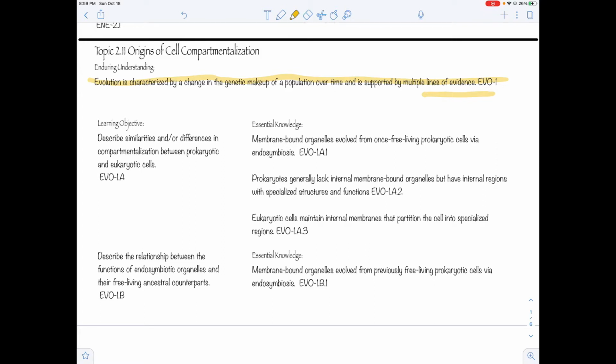So when we looked at the endosymbiotic theory and how our prokaryotic cells ended up being a major component of building our eukaryotic cells, we looked at the chloroplast and the mitochondria, and the evidence that we have that they at one point must have been prokaryotic cells, and when they became parts of larger cells, we ended up developing our eukaryotic cells. So all of that comes into this topic where we're looking at the origins of cell compartmentalization.